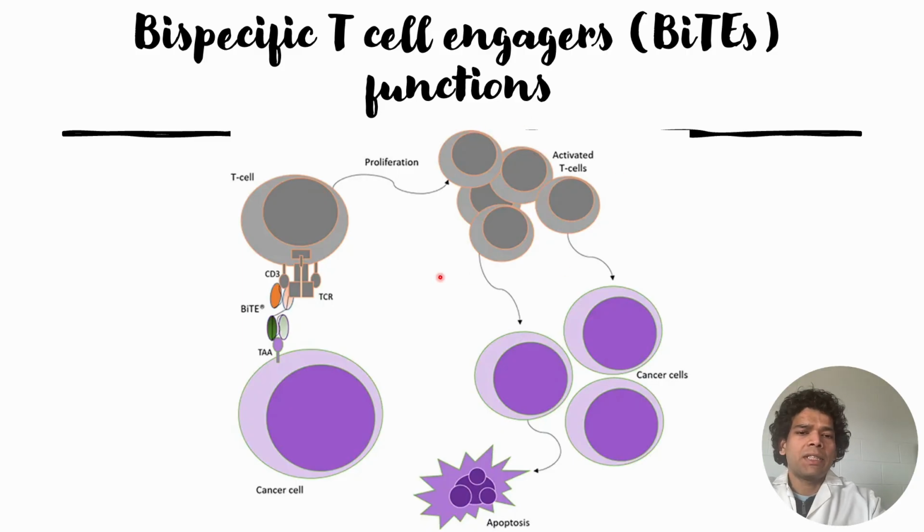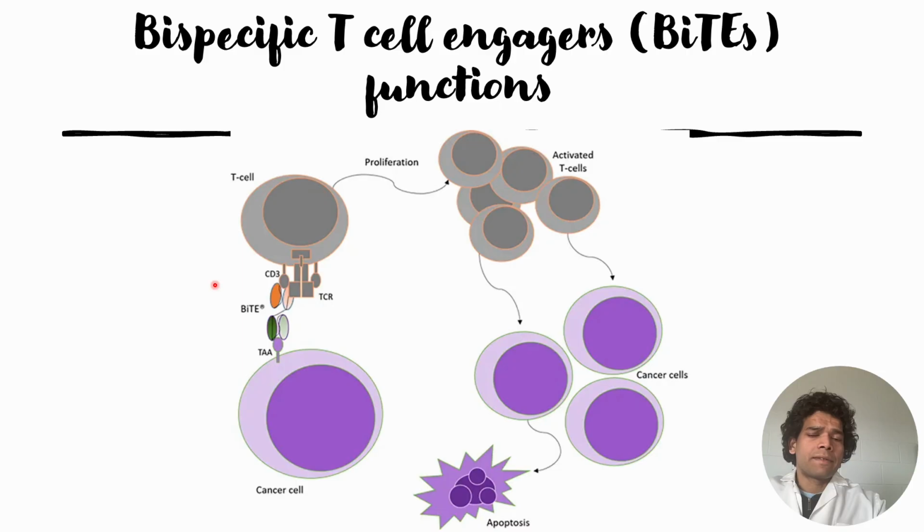These more activated T cells will then target the cancer cells and trigger apoptosis. Once the apoptosis is released, the lytic debris of these cancer cells will trigger other immune cells. So it is actually a cascade effect that enhances the immune response against the tumor cells.